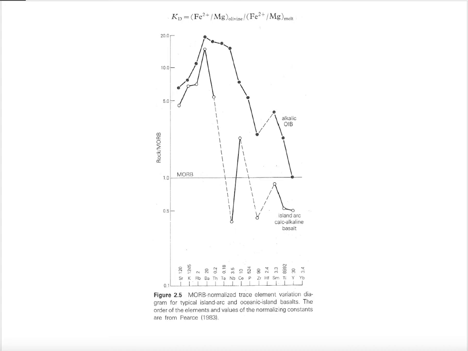The horizontal line at 1 is the MORB, because we have normalized this with MORB. That means you are taking the strontium concentration, for example, of your alkalic ocean island basalt and dividing it by the strontium concentration of MORB, yeah.